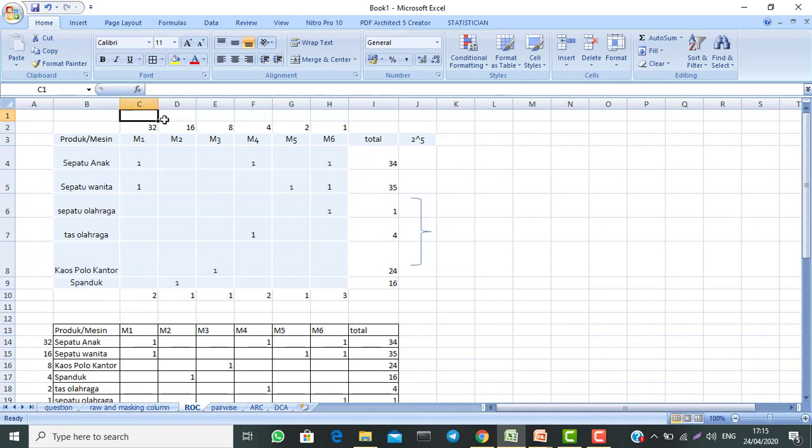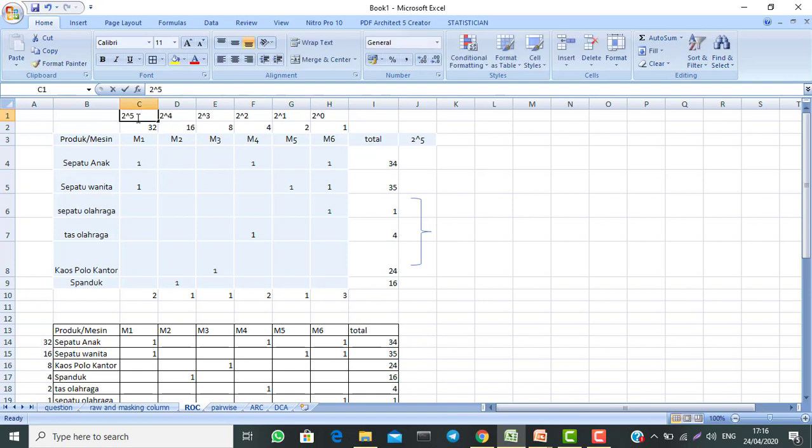So this belongs to 2 power 5, 2 power 4, 2 power 3, 2 power 2, 2 power 1, and also 2 power 0.